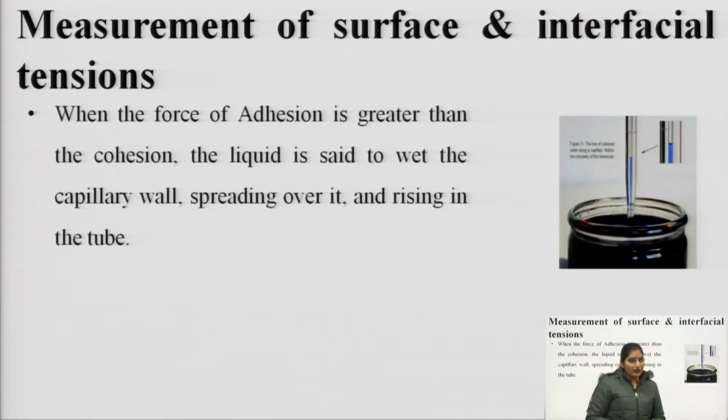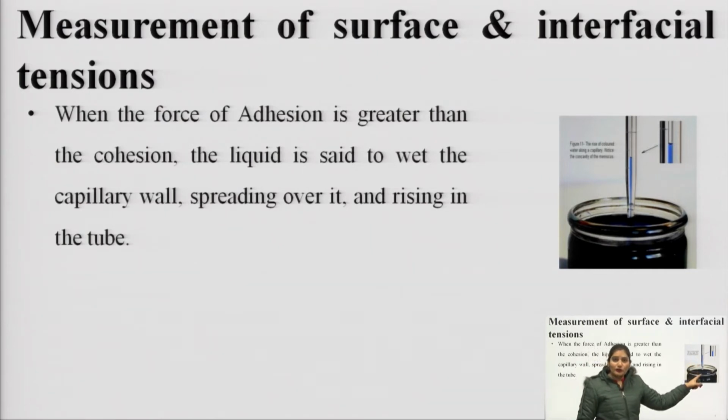Okay. We can see an example. This is the liquid, and a capillary tube is placed into this, and when this capillary tube is placed, the liquid will rise up to a certain distance as shown by the blue ink. Okay.